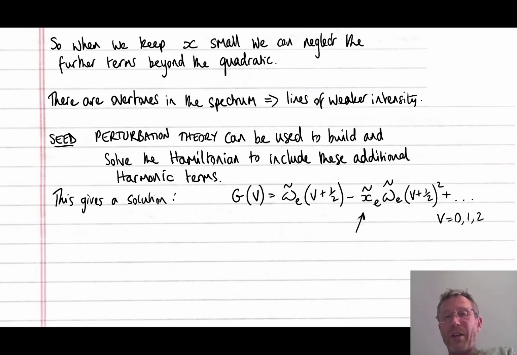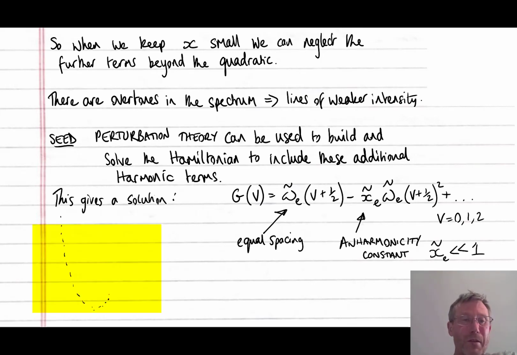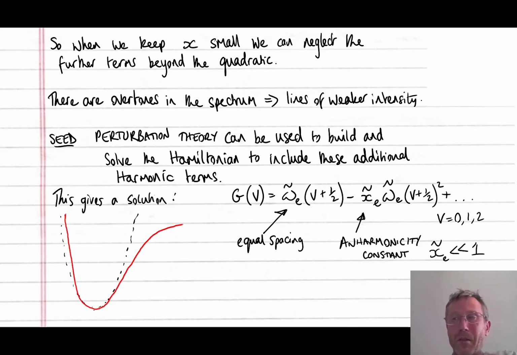This is now what we call an anharmonicity constant, and it is very small. So here's our equal spacing, but what this actually means is that we start to see a deviation.